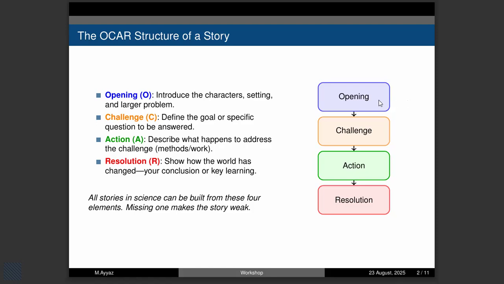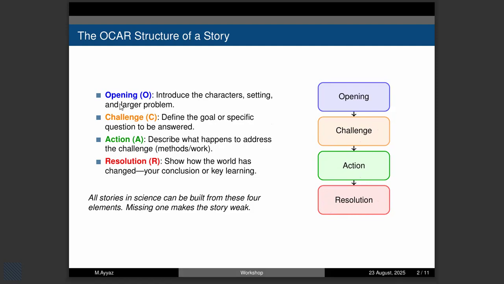So every story should have an opening. It should describe some challenge, and what kind of actions we are taking in order to face this challenge that we described above, and what our resolutions are. That means how the world has changed after understanding through the action that we have performed in order to overcome the challenge.